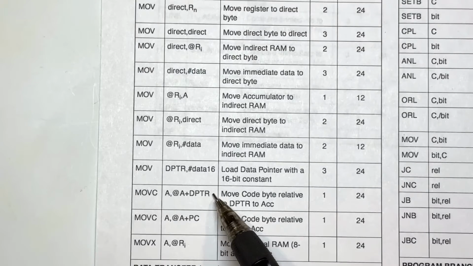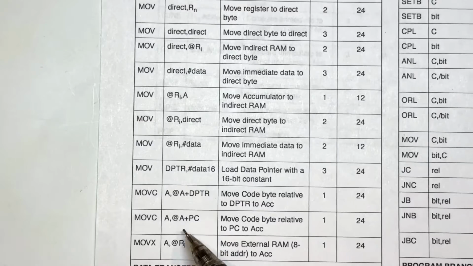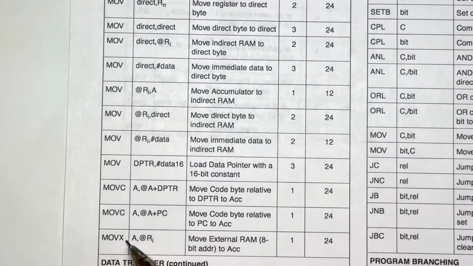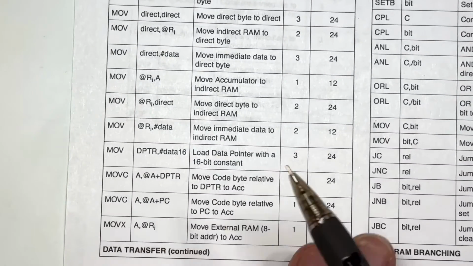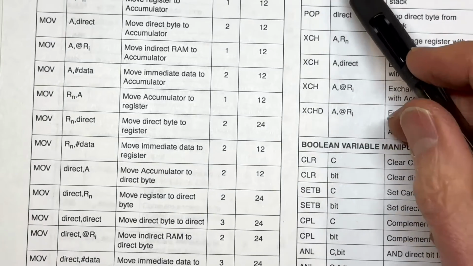It's 16 bits. We're adding the A register as an index, or we can use the program counter, again adding the accumulator. And we've also got move X, which is moving from the external memory or to the external memory.